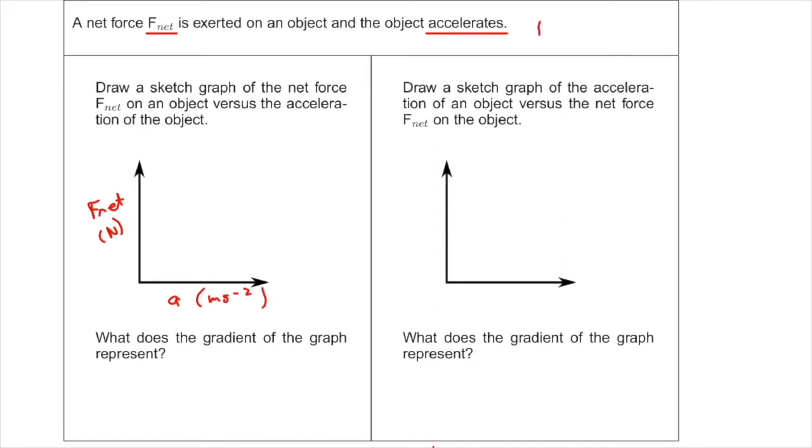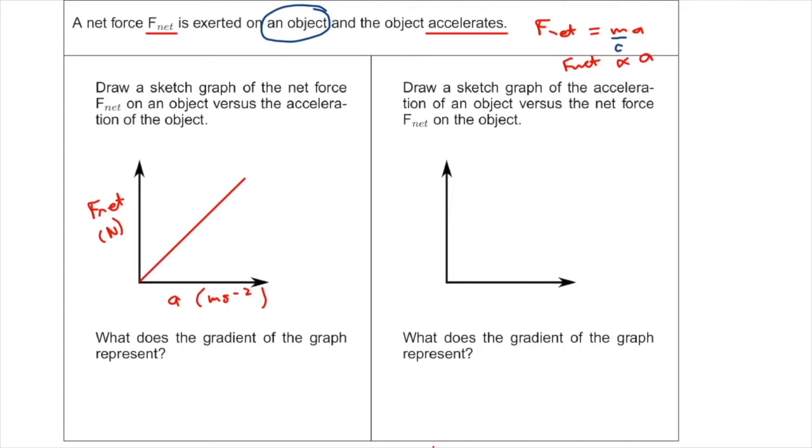The equation I'm going to use is definitely F net is equal to m times a, and since they're telling me I'm working with an object, m is going to be my constant. And then I can see that F net is going to be directly proportional to a. So this is going to be a straight line through the origin.